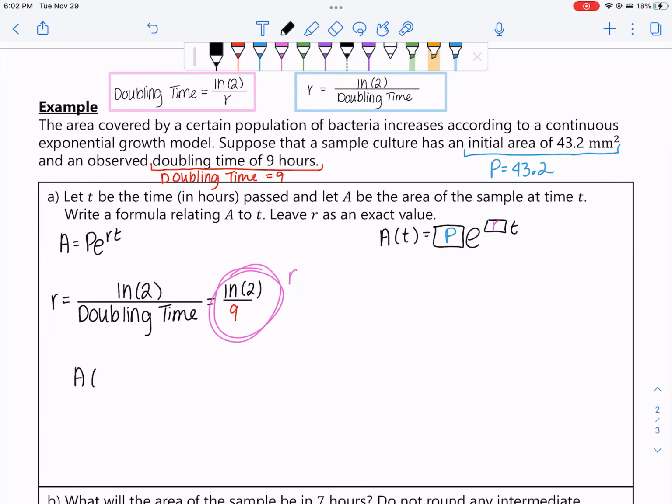So it looks like this. A of t is equal to 43.2, e raised to the, our relative growth rate, ln2 divided by 9, times t. Boom. There she is.